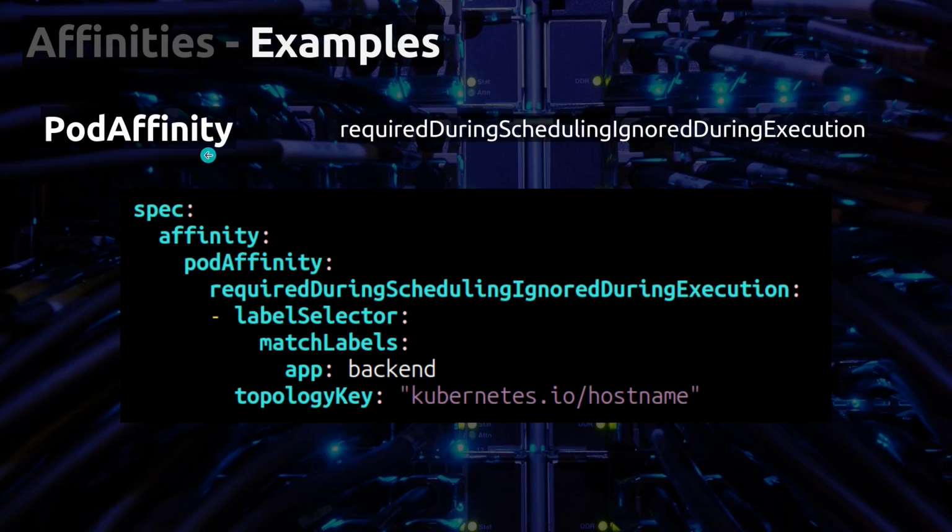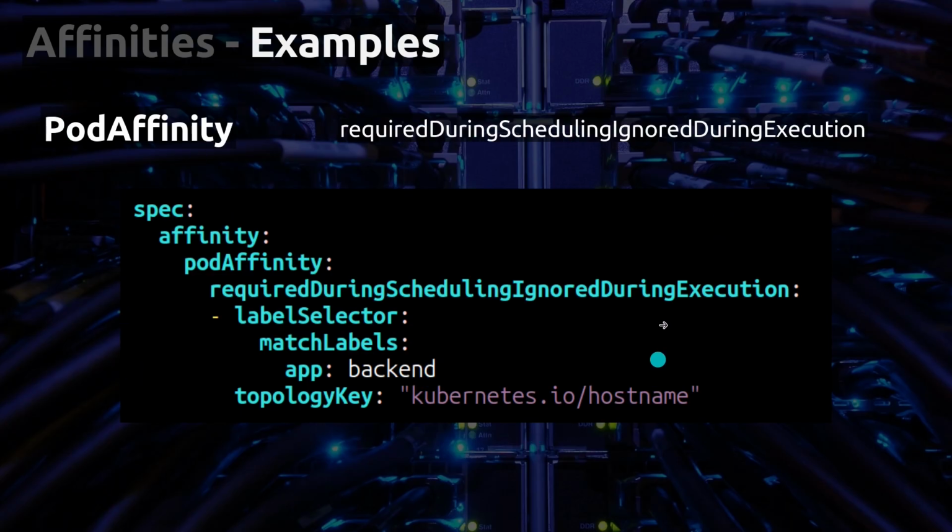So we can imagine this pod, we are in the pod with the label frontend, for example. We have multiple replicas into it. And we can imagine that we want to have our frontend in the same place and on the same node as our backend.